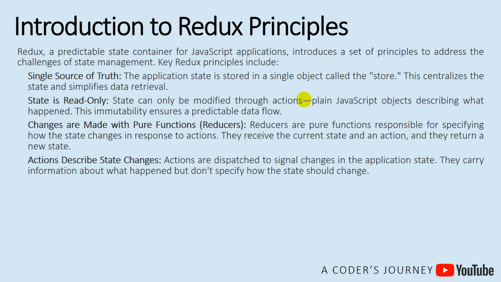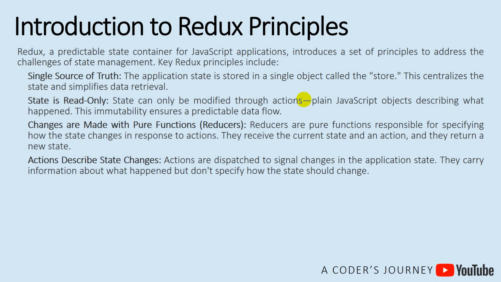So actions or those JavaScript objects are dispatched, are sent to indicate the changes that we need in the application state. They do not change the state themselves, but rather they contain information about what happened, right?